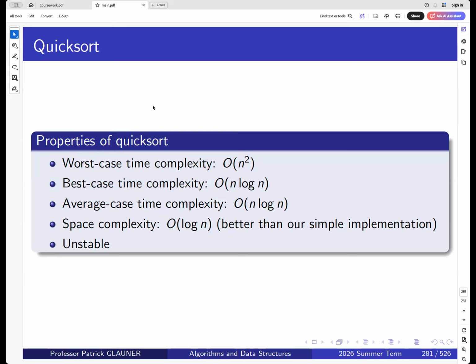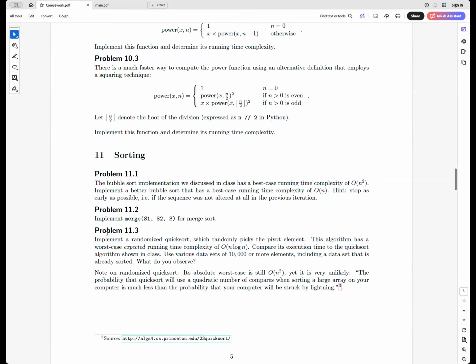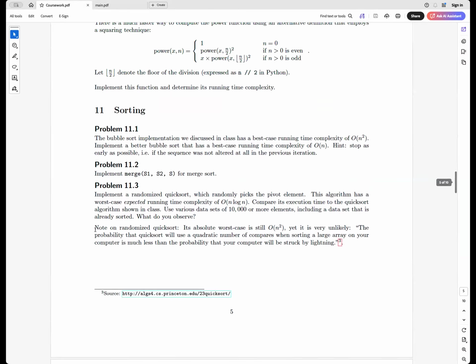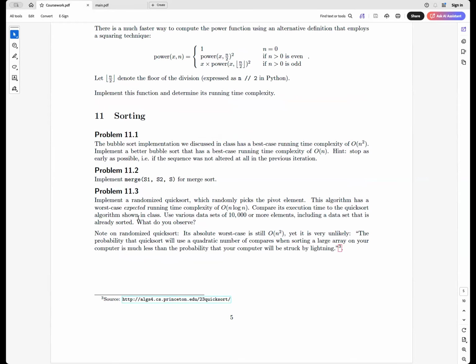But you can pick a different strategy, and a different strategy could be picking pivots randomly. So not the middle, not the left, not the right, but randomly. And this is addressed in problem 11.3 of the coursework. However, picking pivots randomly, its worst case is still O of n squared, yet it is super unlikely.